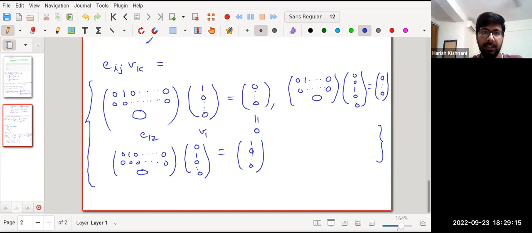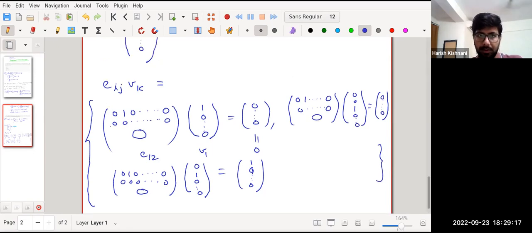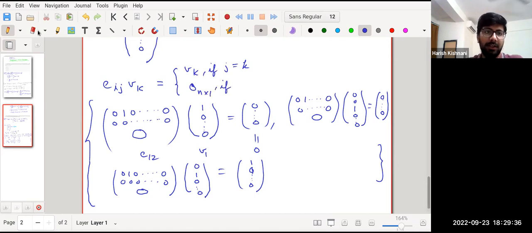So Eij times vk is vk if j is equal to k, and it is the 0 vector elsewhere. Or I just made a mistake, it should be vi.